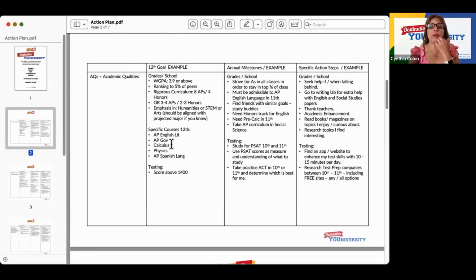So we would say, okay, these are the goals by the time I get to senior year. So we have to figure out what are the annual milestones that would get us to this place. So these are the AQs, all of the academics, and this is based on knowing your school profile, knowing your strengths.